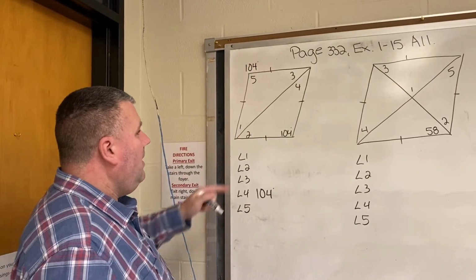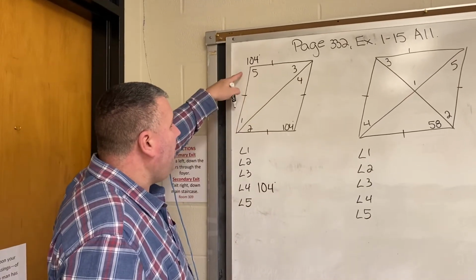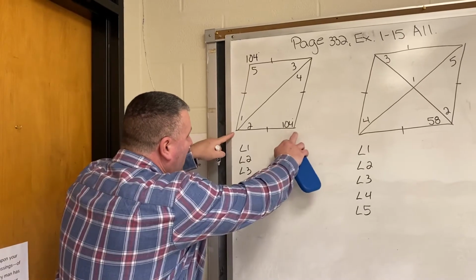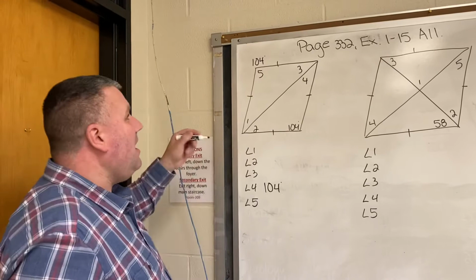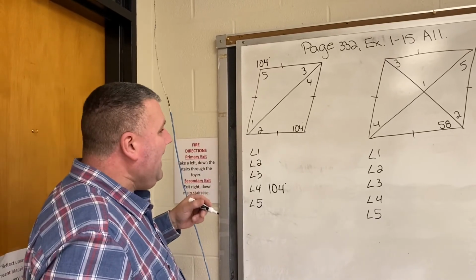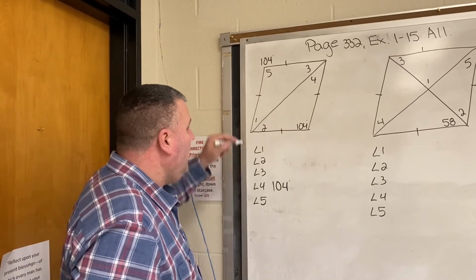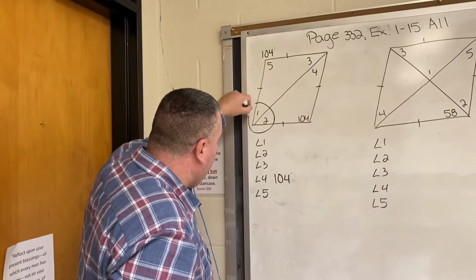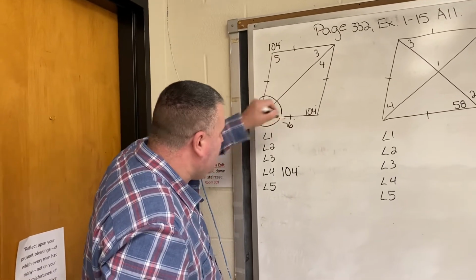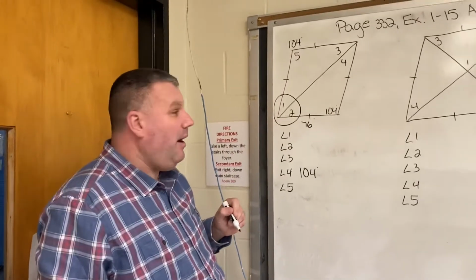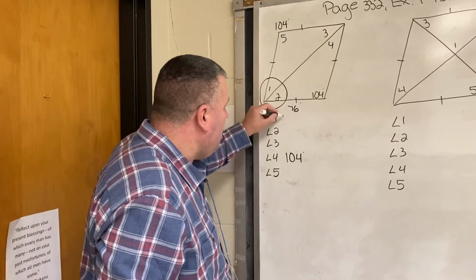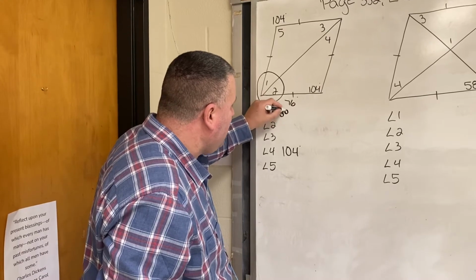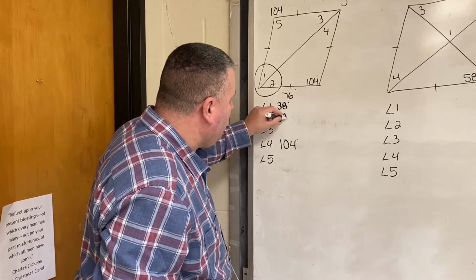Now, if this is 104 and this is 104, and these are supplementary, any way you look at them, if the two angles are next to each other, they are supplementary. So 180 minus 104, this whole angle here has to be 76 degrees. Now, since this diagonal bisects that, angles 1 and 2, half of 76 is 38 degrees.